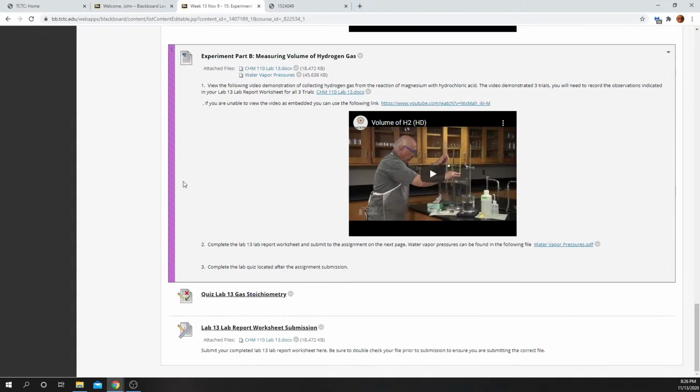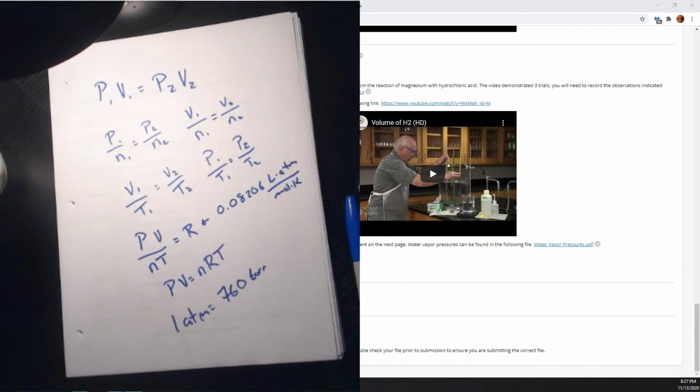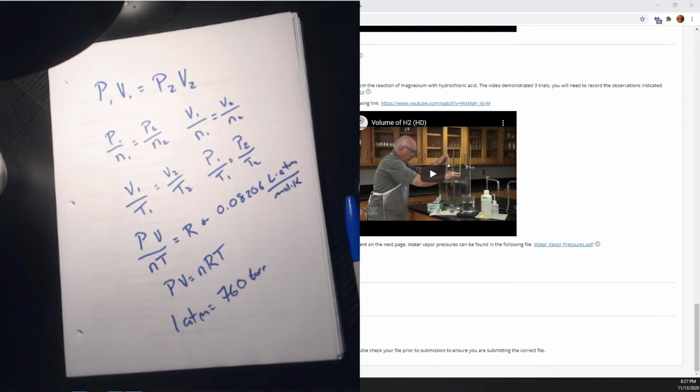So you're going to measure the volume of your hydrogen gas, and then you're going to do stoichiometry. That's not excessively difficult. It's regular stoichiometry, but with gases, and this PV=nRT stuff. This gas law just gives you another method for measuring moles.